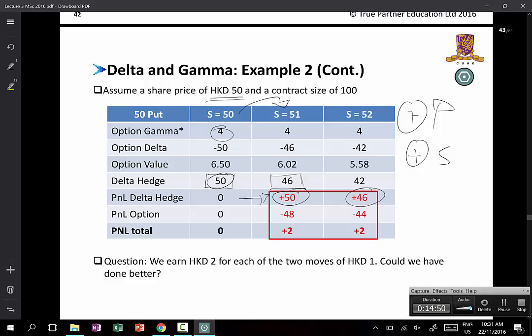Okay, long a put, so you are short delta. So the delta becomes 46 because the new delta is the old delta together with the gamma adjustment. So that 50 minus 4 is 46.